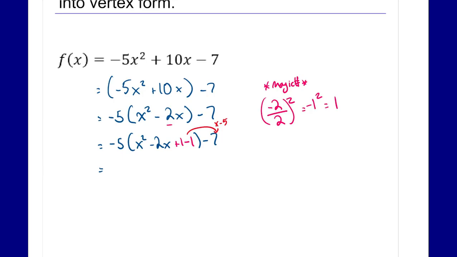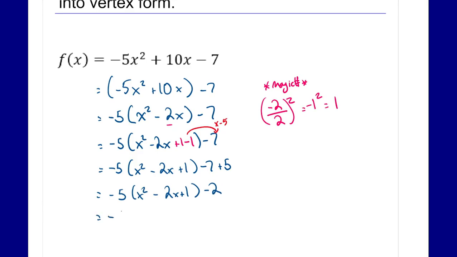So I bring it to the outside, I have to multiply it by negative 5, so it stays negative 5 at the front. X squared minus 2x plus 1. That negative 7 stays, but that negative 1 that we moved on the outside and reapplied that factor of negative 5 becomes positive 5. So I get negative 5 times x squared minus 2x plus 1. And then we have negative 2 on the outside.